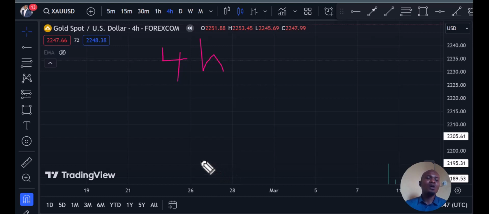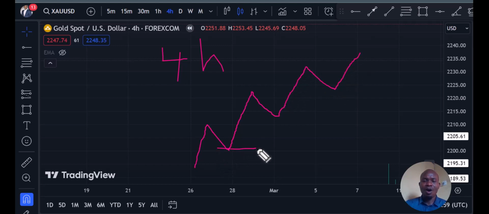So what we do in a higher time frame is simple. Once the market makes a high, a lower high, a higher high, a lower high, a higher high, a lower high, a higher high, we're going to mark up all these supports and resistances. We mark up this support, this resistance, this support, this resistance in your higher time frame.